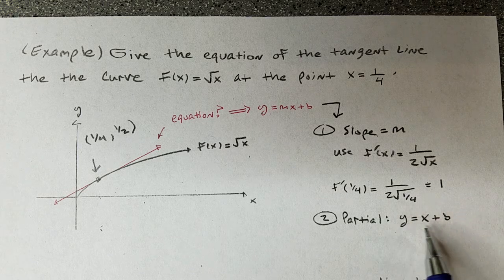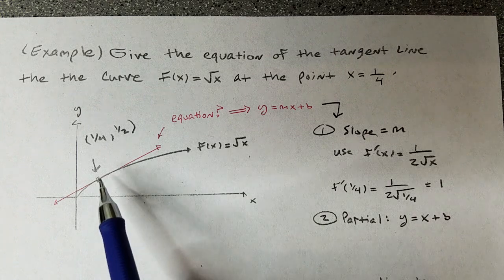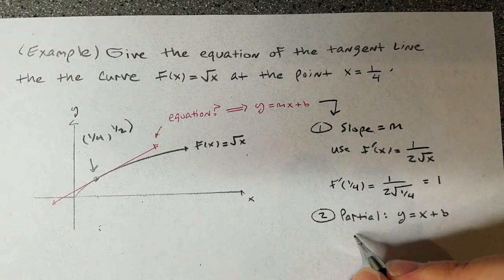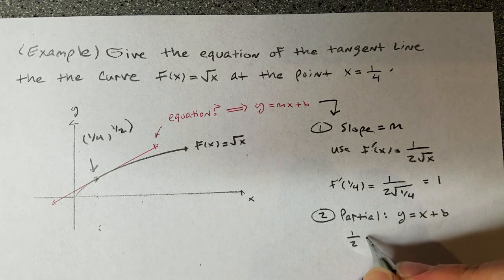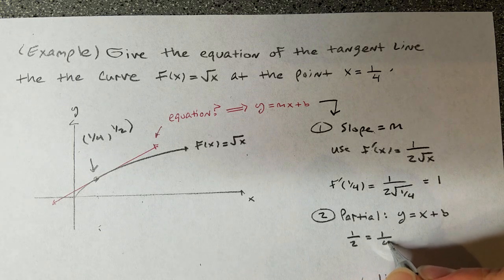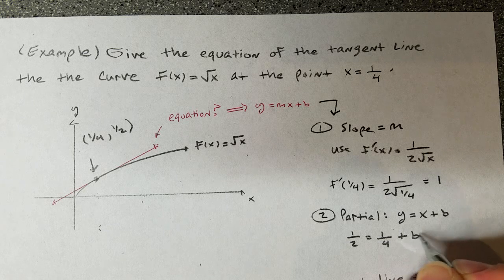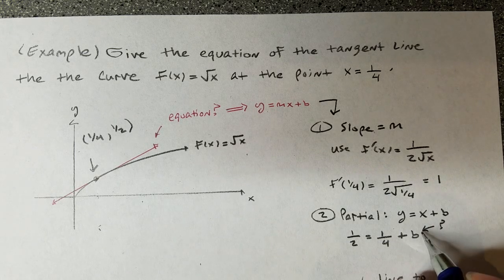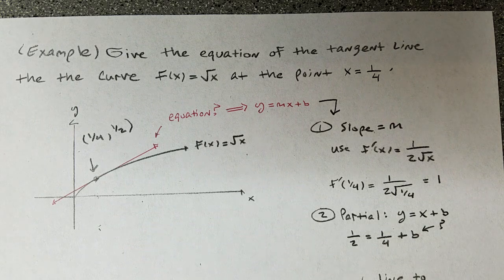So okay, on this line right here is the point 1/4 for x, 1/2 for y. So I will put 1/2 for y, 1/4 for x, and then that will be enough information to find that last number right there. Okay.